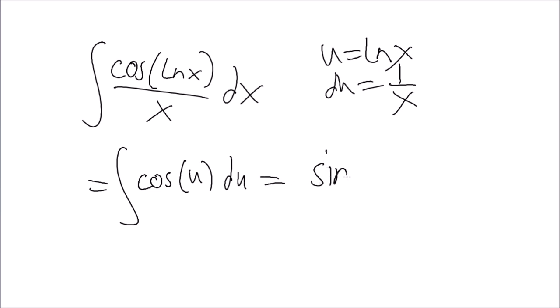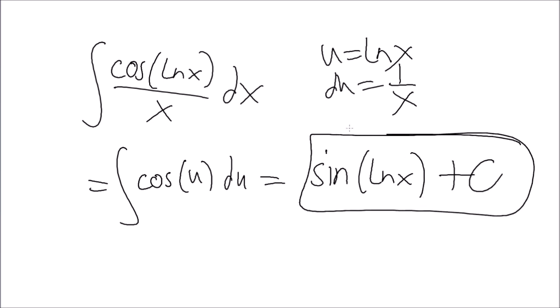This is sine of u, plug u back in, sine of ln of x. That's your answer. So again, we're doing this fast. It's very good to solve basic U-sub integrals like this, to learn how to solve them half mentally. The most important thing is detecting your u and your du.